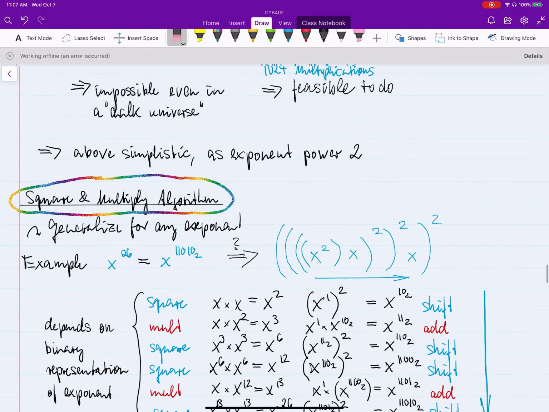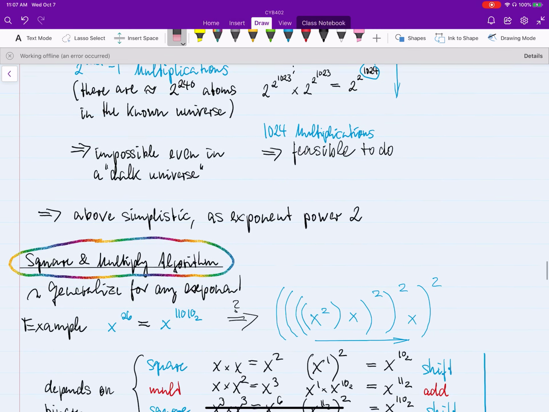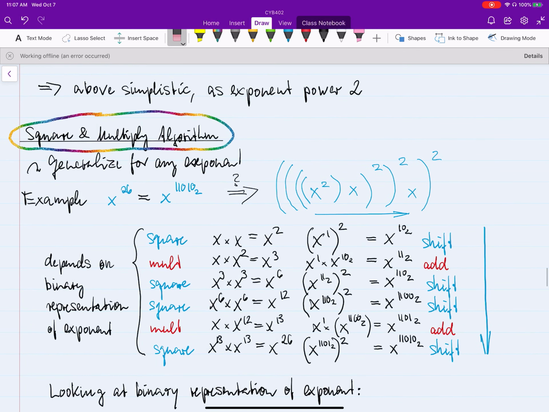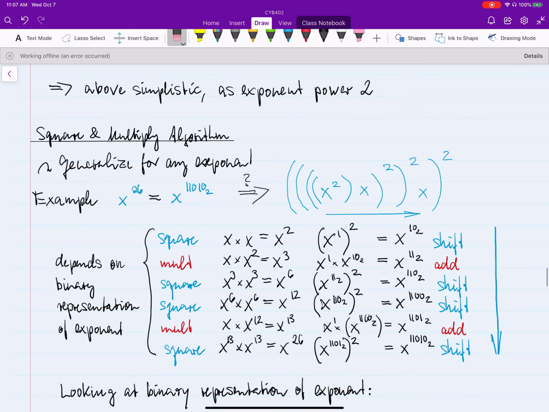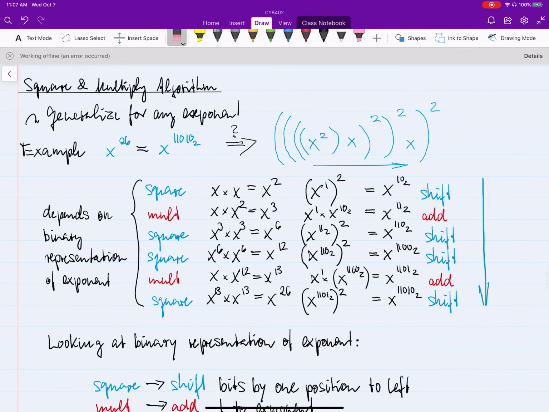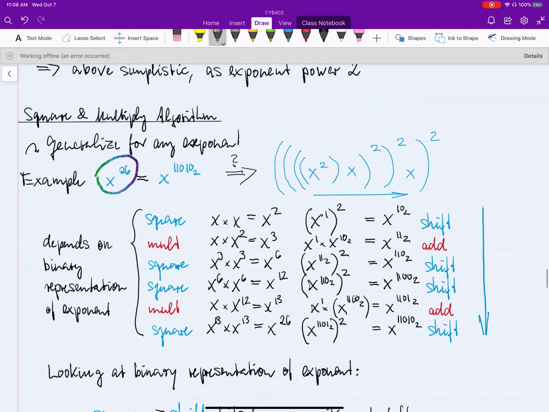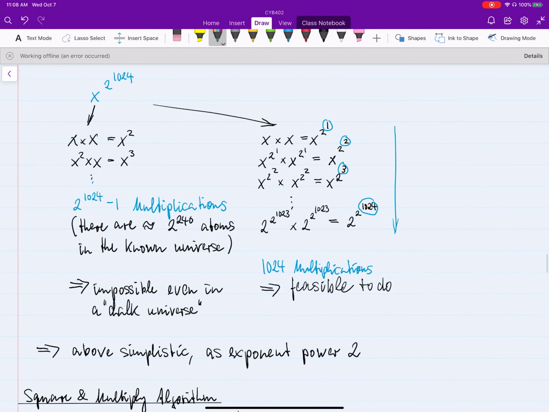The squaring we have already seen, and we see that every now and then we need to throw in a multiplication as well. Okay. So we start out with an example, and the example is to raise x to the power of 26. We saw already that basically we have to deal with binary operations, since we double the exponent here.